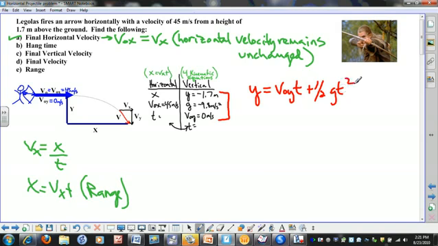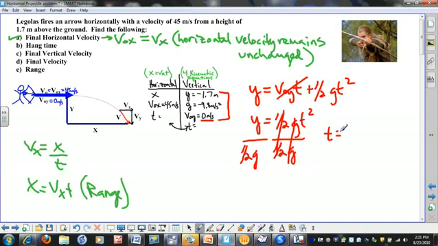Notice that since v naught y is 0, that is going to cancel out. That's going to leave us with y equals 1/2 g t squared. Now we're looking for t, so we're going to divide both sides by 1/2 g. And that's going to leave us with t squared equals y over 1/2 g. We can also write that as the square root of 2y over g.